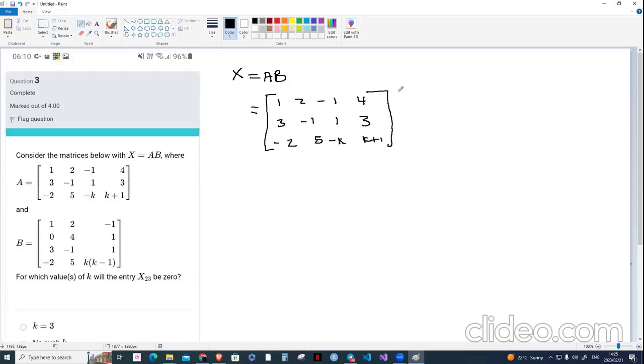Then B is 1, 0, 3, minus 2; 2, 4, minus 1, 5; minus 1, 1, 1, K; and minus 1.